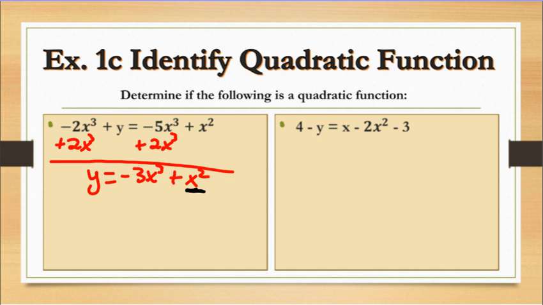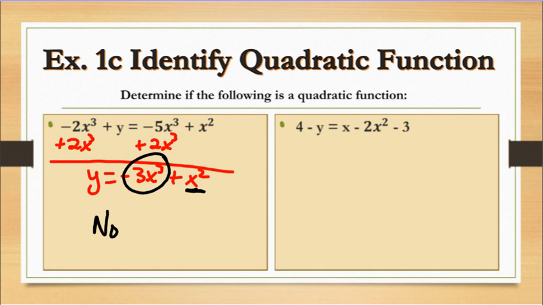The leading term is actually cubic. So no, this is not a quadratic function. We would consider that a cubic function. Just because it's got an x squared in it does not mean that it's automatically a quadratic. It's only a quadratic when the leading term, the biggest degree, is 2.